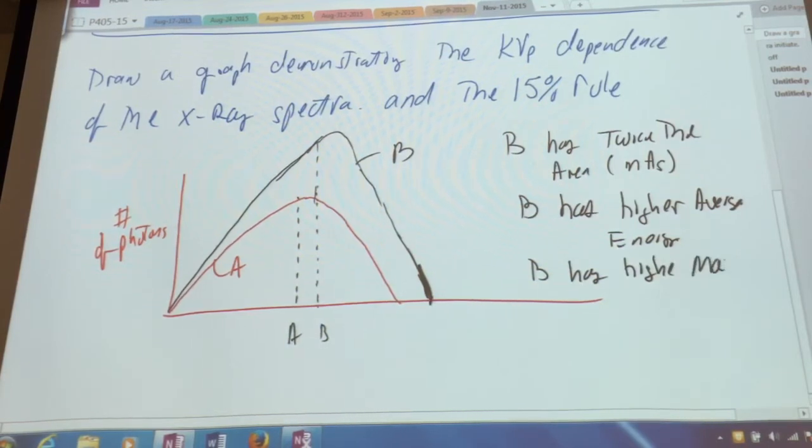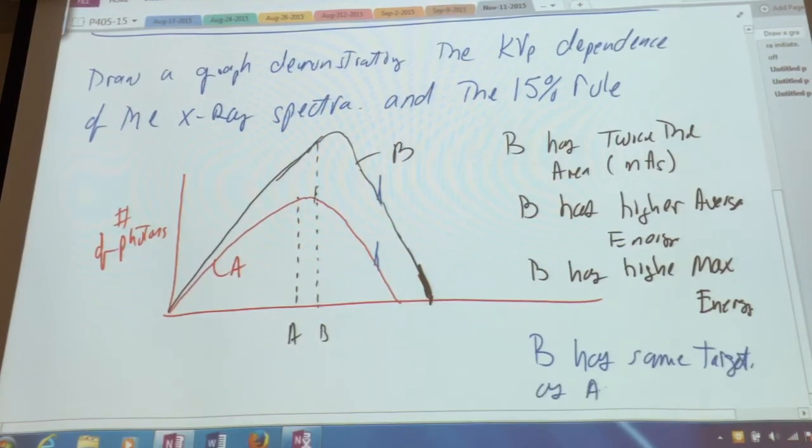Max energy. And we would like to, because we always remember that we like to see that target dependence, B has the same target. Any surprises in all of that?